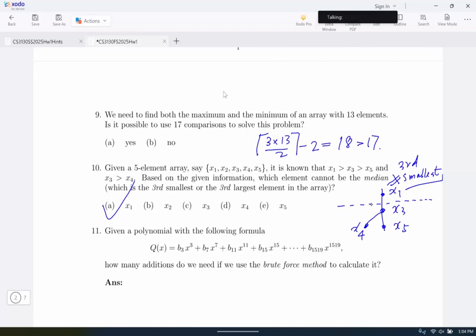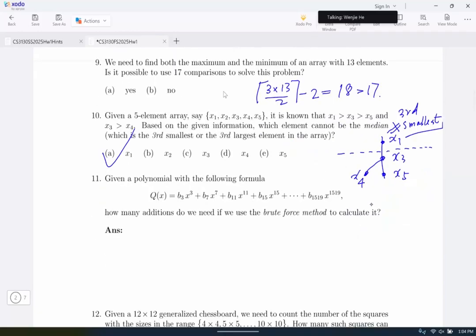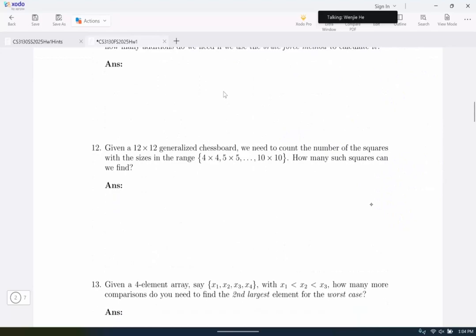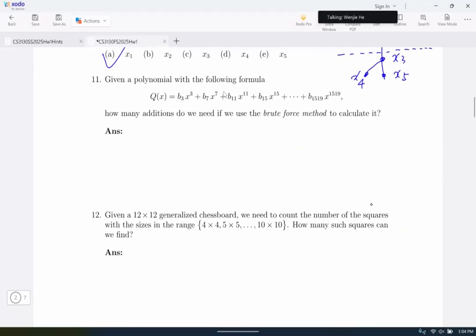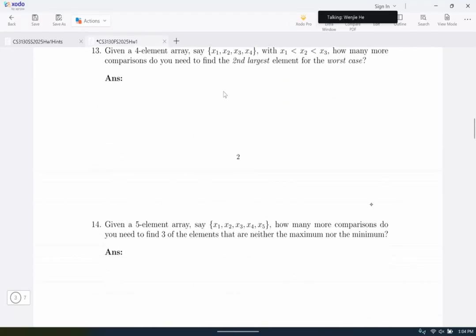For the other elements, there is a chance for any of them to be the median. Only X1 has no chance. So for the other, easier, simple questions, I just move a little faster.